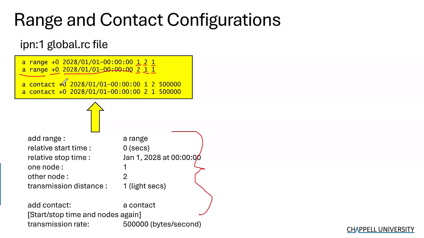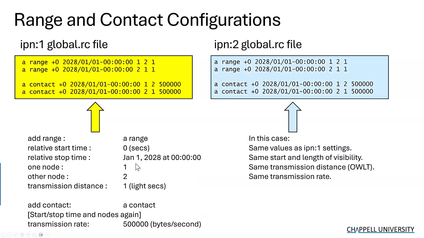The contact has similar entries, but at the end of it, the last thing is the transmission rate. Contact defines the transmission rate. So if you look at these two files on your node 1 and node 2, you'll see that they are identical. We've got the same bidirectional delays and things like that, so we don't worry.